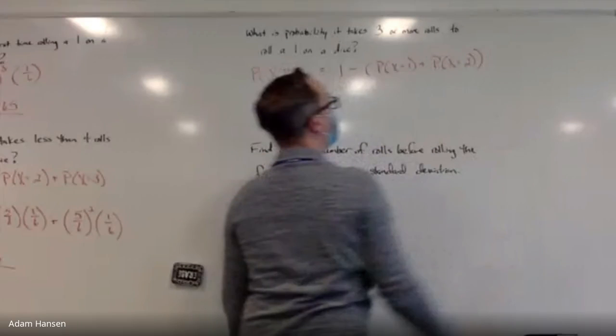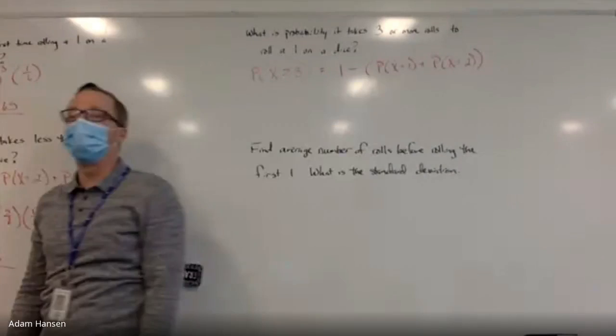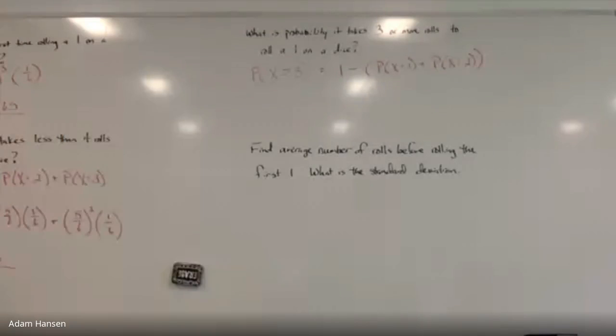I take the sum of every outcome, 100%, and exclude the 2 I do not want to have for my value. It takes 3 or more rolls to get the first 1, so I could not have gotten it on the first or second.